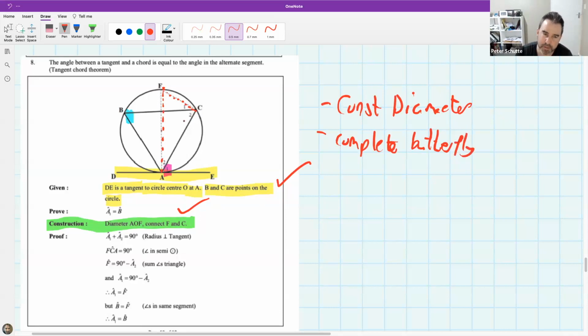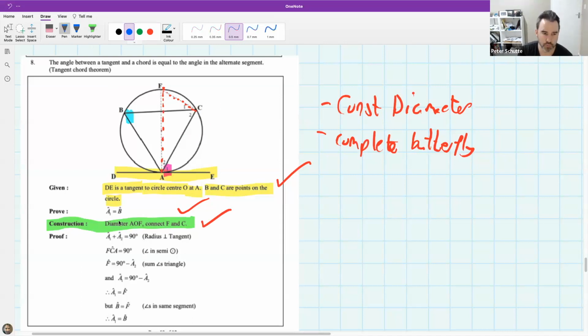Because you need to use the butterfly theorem in this particular proof. And so I complete my butterfly. Now, that is the construction that you need to do. Help the butterfly spread its wings.